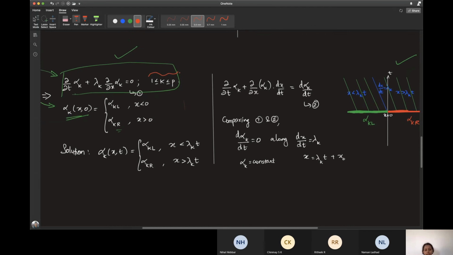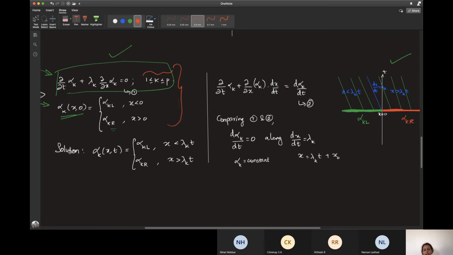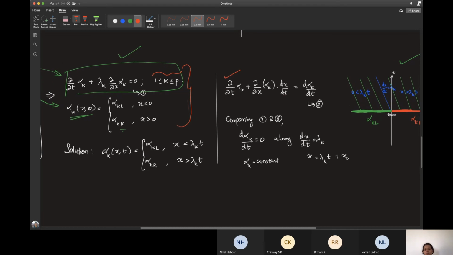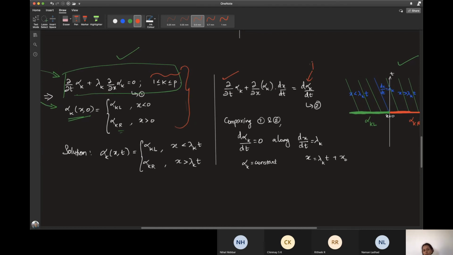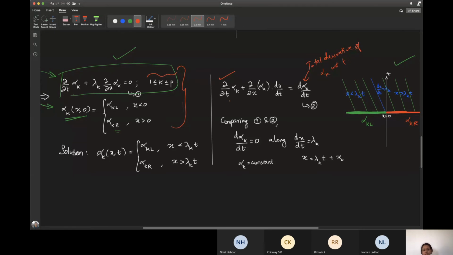So now to find the solution for such a system, you just take another equation like this. This is the total derivative of alpha k with respect to t. Now we compare 1 and 2.